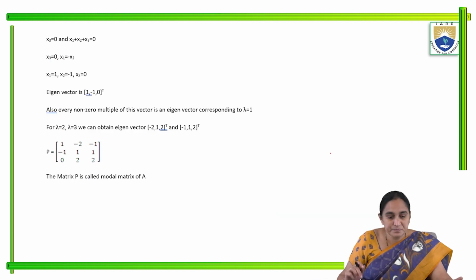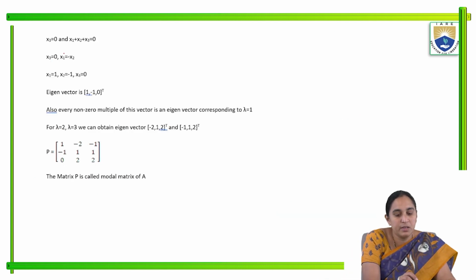Once observe, we get x3 as 0, and this is also correct: from the first equation, substituting x3 as 0, x1 is equal to minus x2. From that we also get x1 as 1 and x2 as minus 1 and x3 as 0.